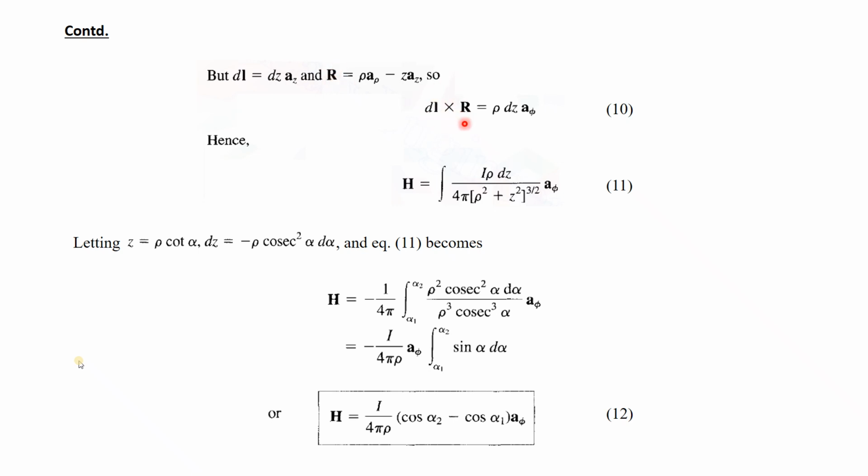So dl cross product with r gives you rho dz unit vector phi. Why is it like this?